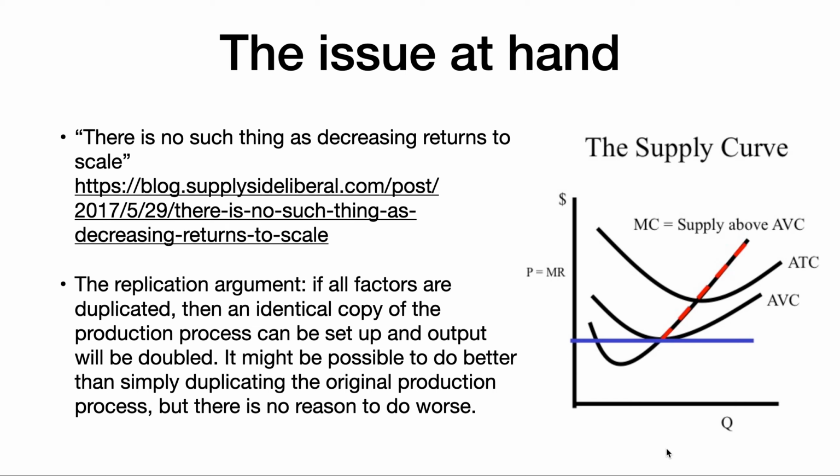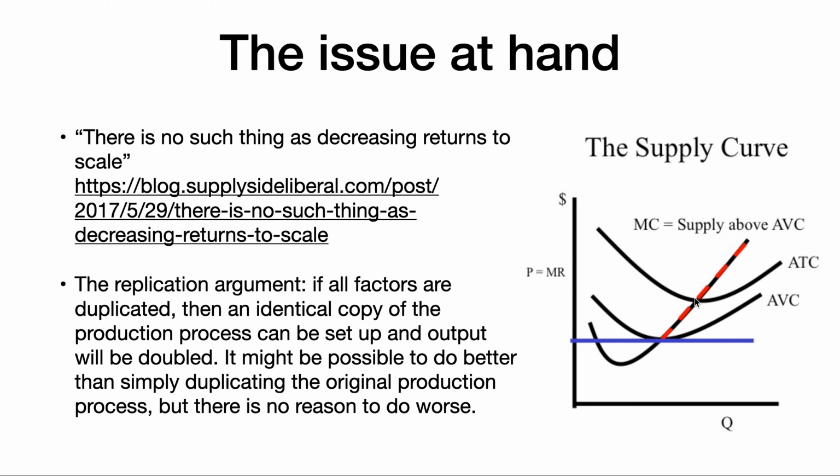And the critique is: why would you keep producing that much output at a higher price when you can simply duplicate your whole production and have, for example, half Q being produced at two different firms at the lower average total cost per unit and the lower unit price? So why would you produce up here when you could produce down here but have two different facilities?